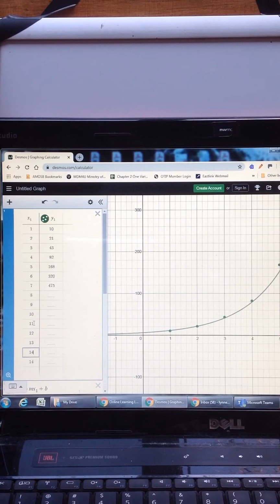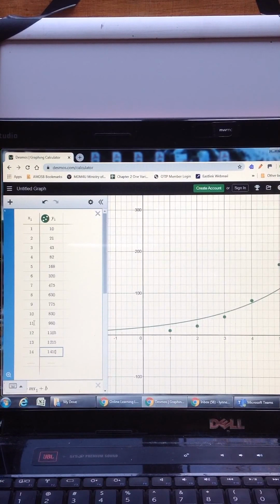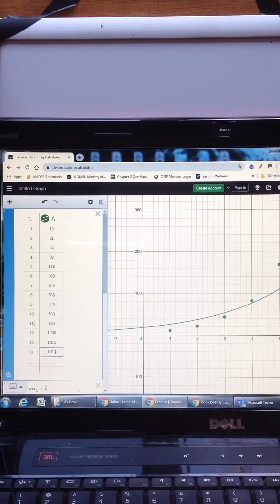A little too fast there. And let's add in their respective populations that are given in your note as well. Here we go.